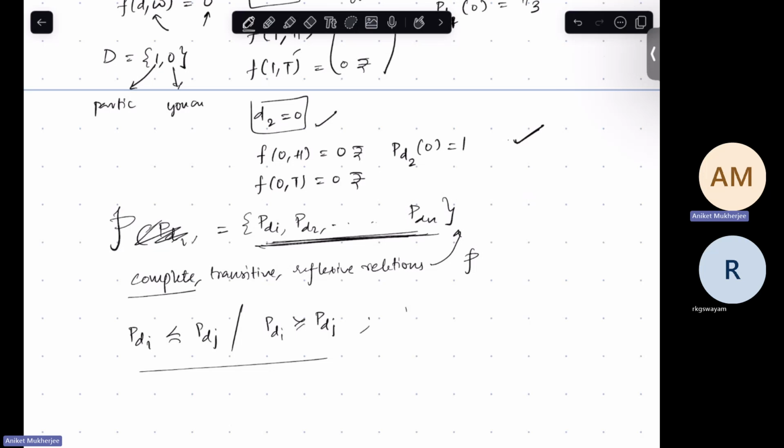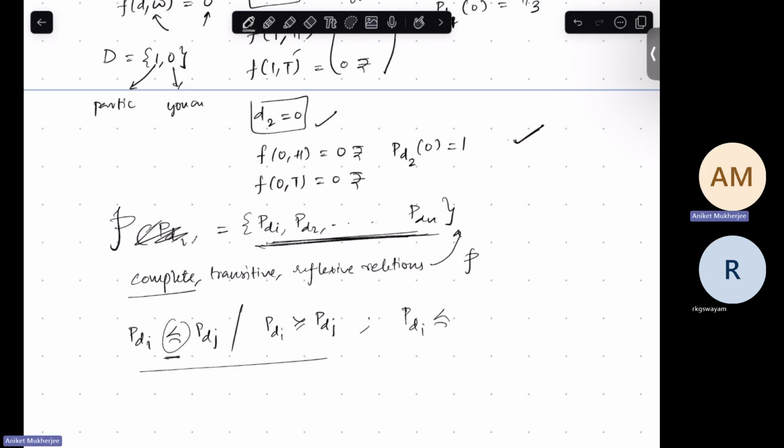What I mean when I say transitive is, here when I'm using this notation, it means that decision dj is better than di.